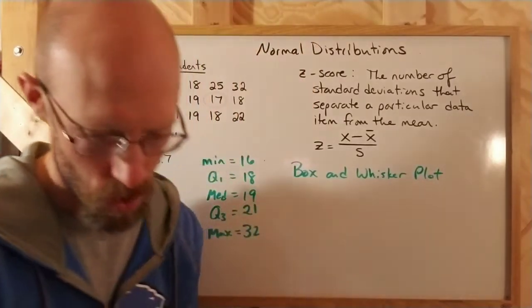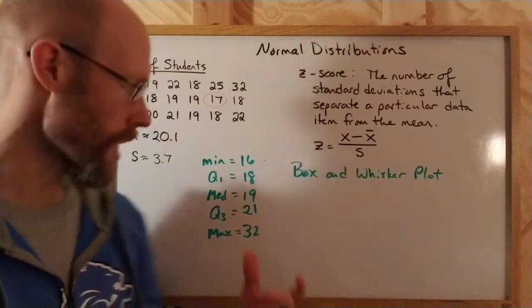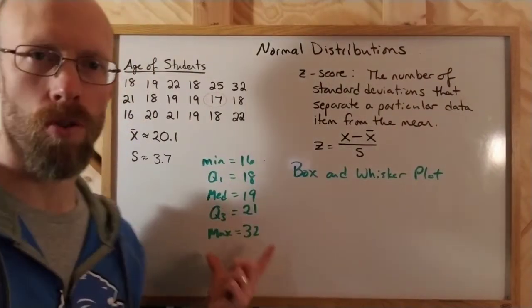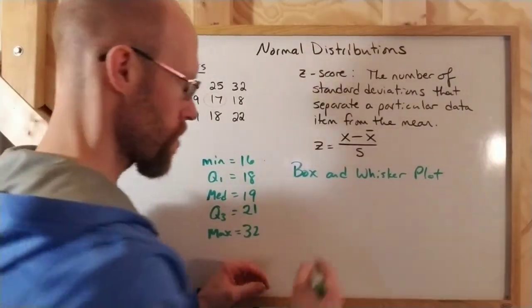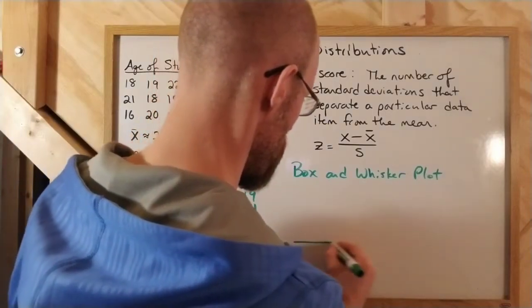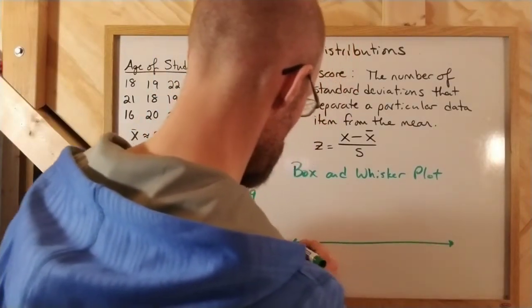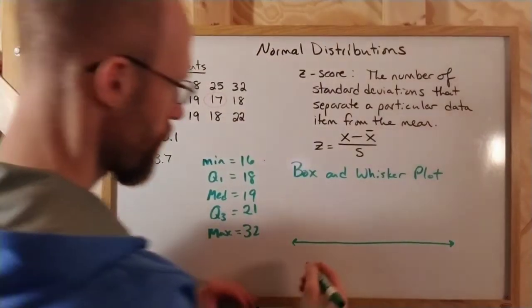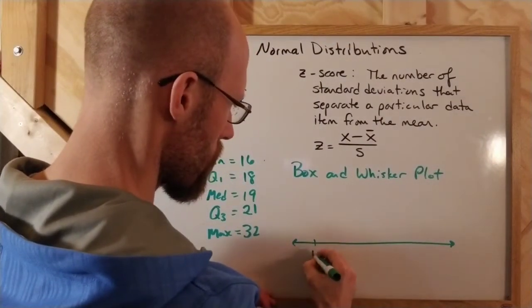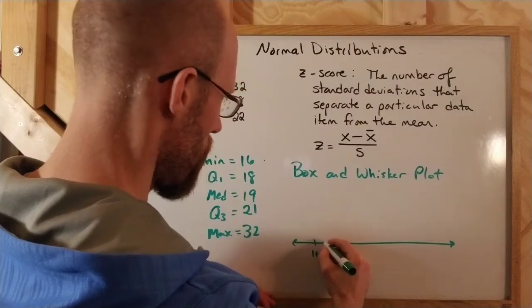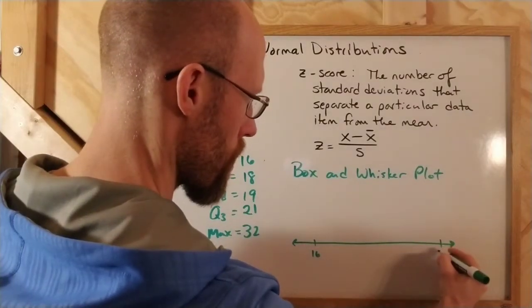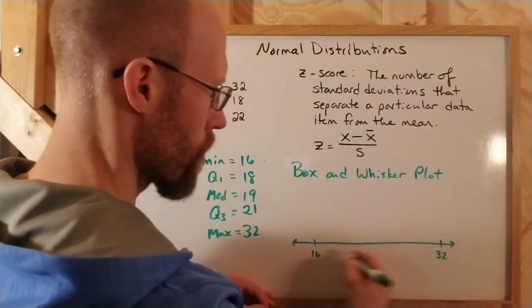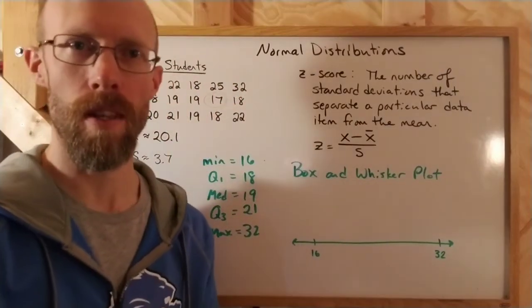Okay, so a box and whisker plot basically identifies all this stuff. It shows these 5 values. If you were to plot the data values on a number line, at some point you have the number 16, that's your minimum, and out here on the right, the max, you have 32. You need to fill in some values here.